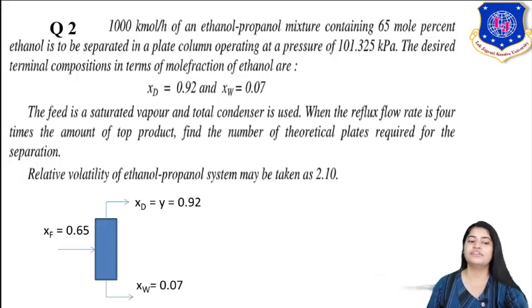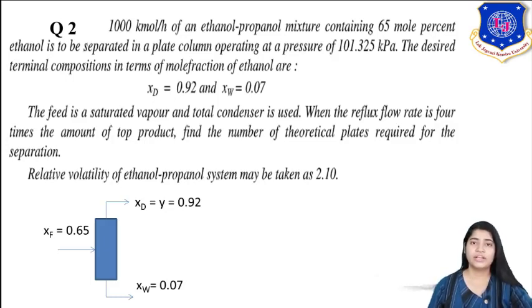So here your feed composition is given as 0.65, and terminal composition means, at the end, distillate composition and residue composition, so it is 0.92 and 0.07. The feed is saturated vapor and a total condenser is used. When the reflux flow rate is 4 times the amount of top product, find the number of theoretical stages. Here relative volatility is given as 2.1.